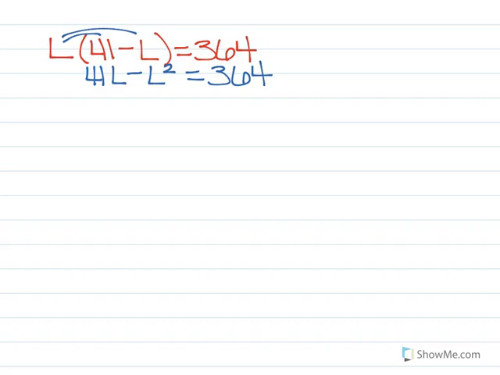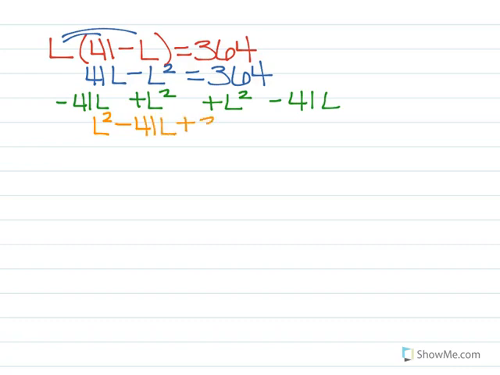Since it's negative, I'm going to add L squared to the opposite side, and in the same step I can subtract 41L, because in order to work with quadratics, you always want them set equal to 0. So when I move everything to one side, I'll end up with L squared minus 41L plus 364 equals 0.